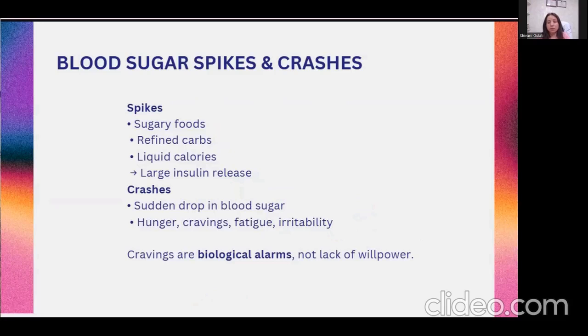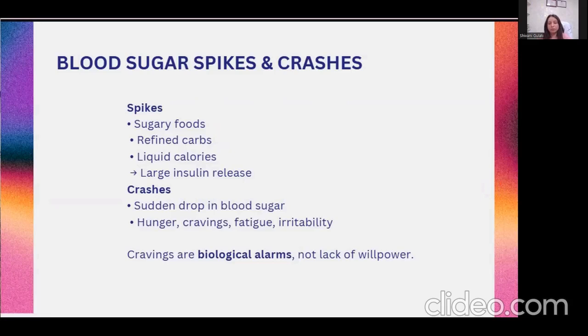So this sudden drop in your blood sugar creates a sudden hunger or a craving, especially for the sweets. ठीक है. Fatigue, sleeplessness, irritability, mood swings, brain fog, low focus, ये सब चीजें will come with all these sugar crashes.